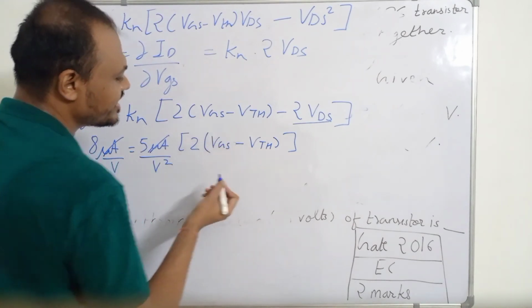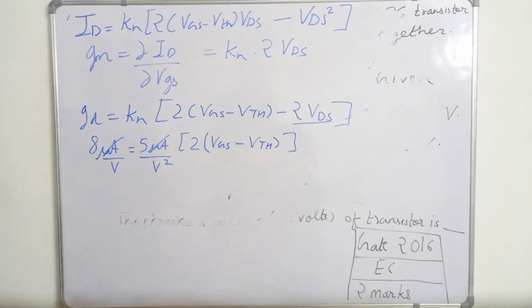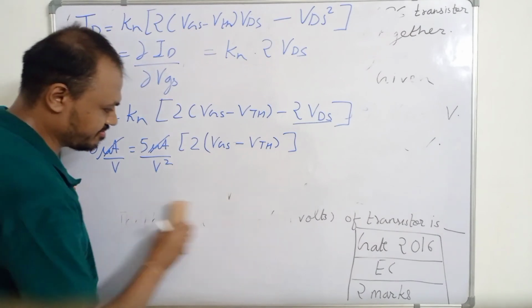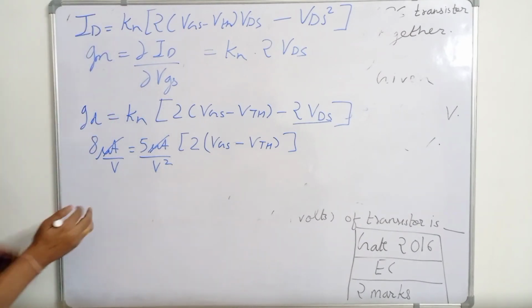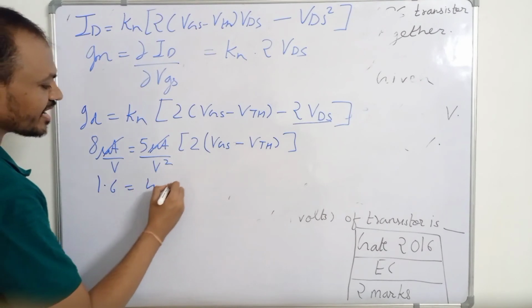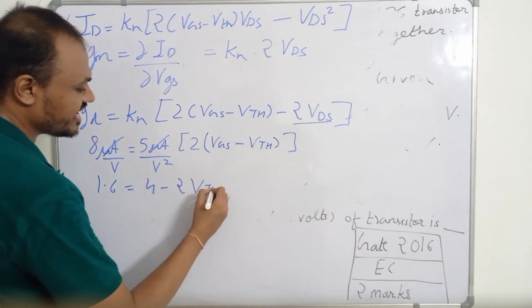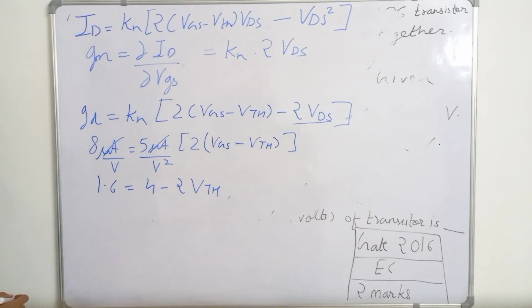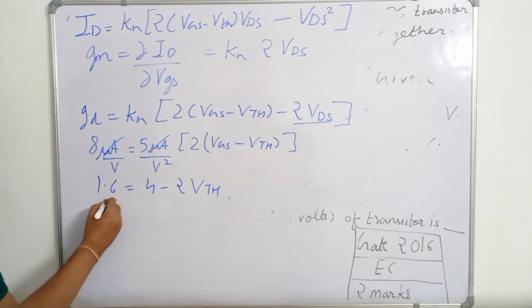VGS value is given as 2. 8 divided by 5 is 1.6. So this equals 4 minus 2 VTH, where VTH is the threshold voltage. If we find out the value of VTH, VTH will be equal to 1.2 volt.